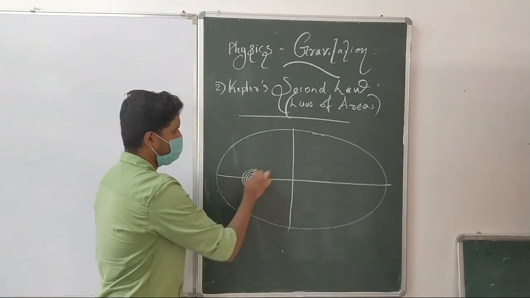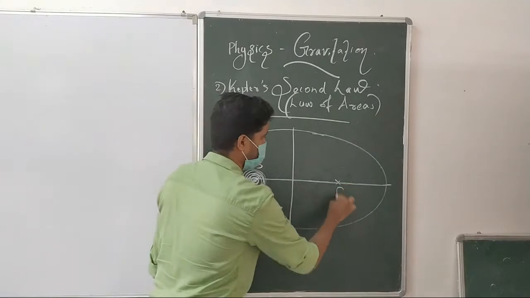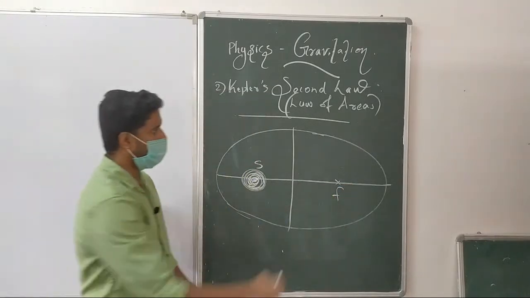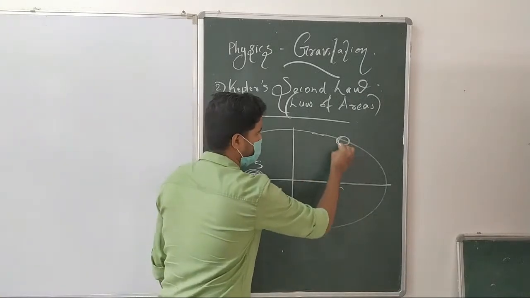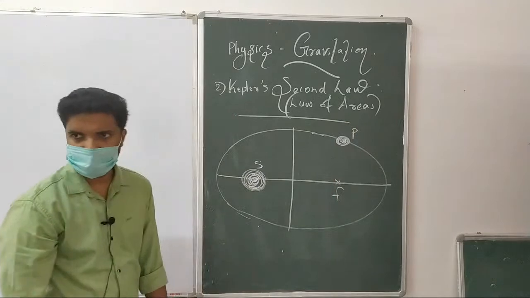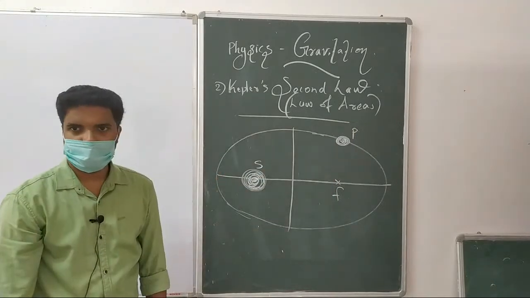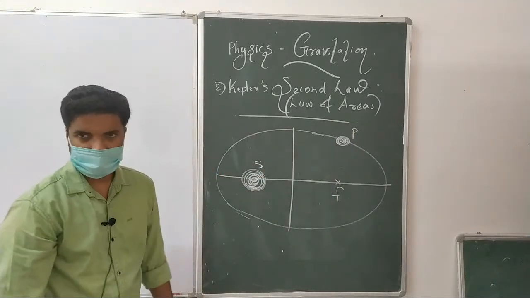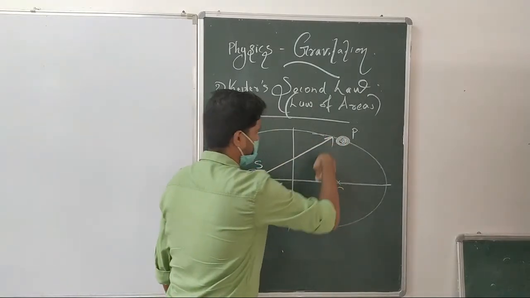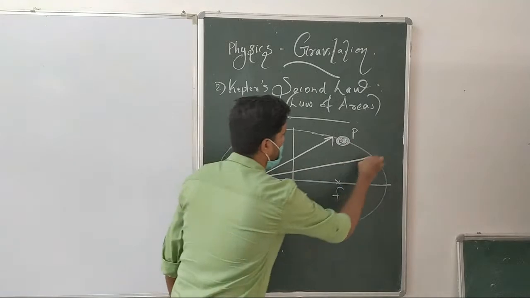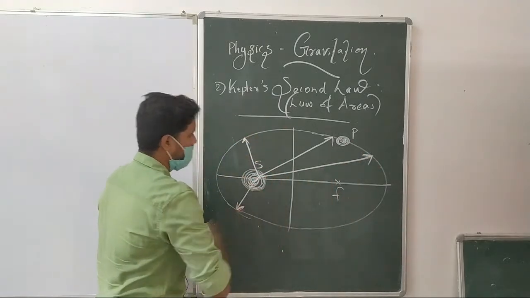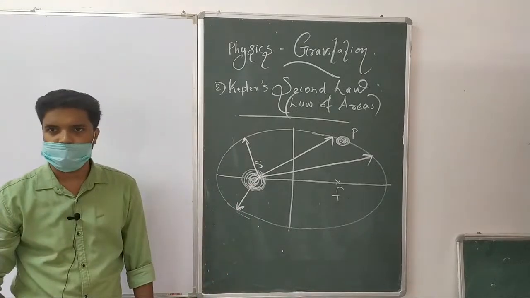This is my sun and this is also a focus. So every planet revolves around the sun in an elliptical orbit. This is my planet also. So the second law states that the radius vector drawn from the sun to the planet sweeps out equal areas in equal intervals of time.